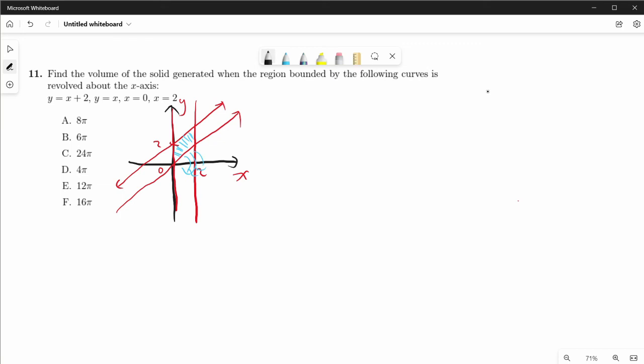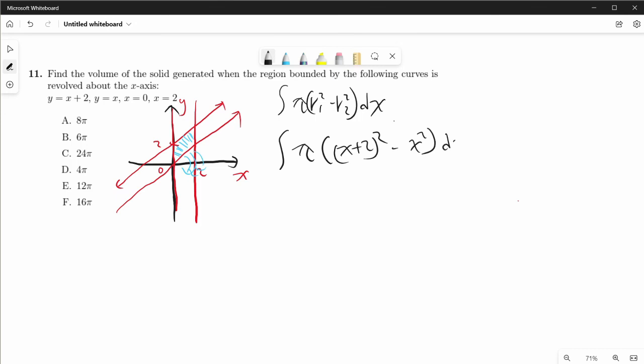So this is just a washer, right? So we have the general equation of pi r1 squared minus pi r2 squared. And then we can see that the x plus 2 line is above the x line. So we just do x plus 2 squared minus x squared dx.